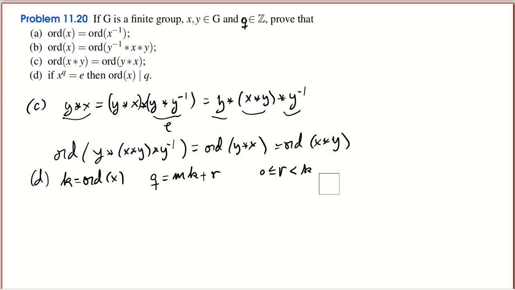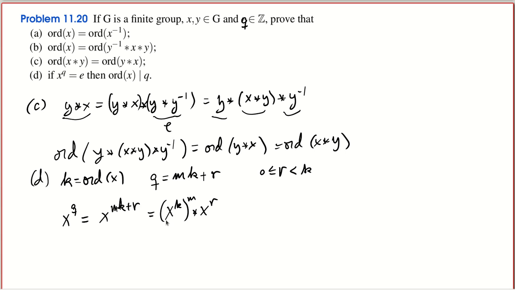So r is in this range. So x to the q is equal to x to the n times k, sorry, m times k, plus r, and that is x to the k to the m, the other way around, sorry, x to the k to the m times x to the r. Remember, when you do this you just multiply the two powers.